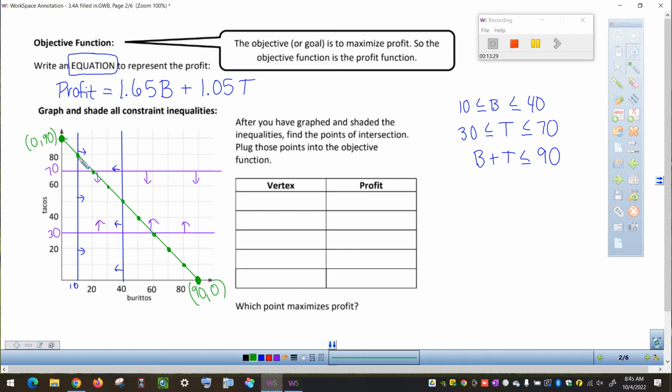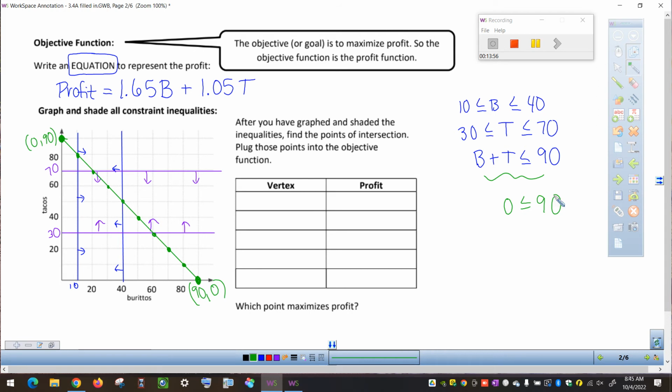Okay, so that's a constraint, so the total orders cannot exceed 90. Let's think about where the shading would be on this one. So yesterday we talked about using the test point of 0, 0. When you plug 0 in for each variable, we want to look and see if it makes our inequality true or false.